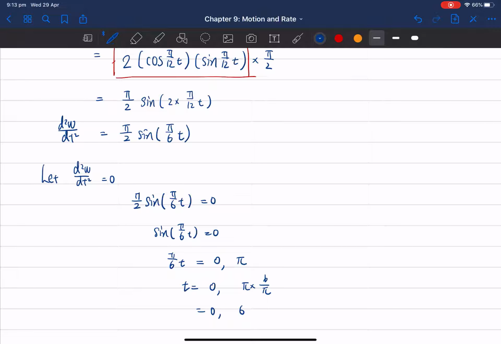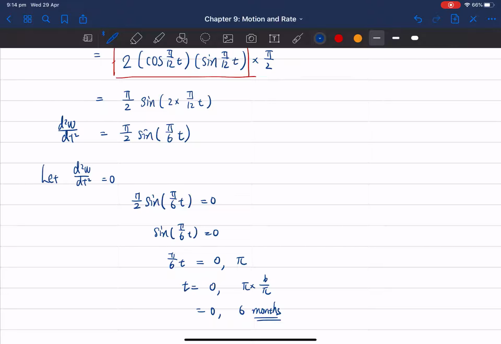So 0 and 6 months. Now of course, right now you can't really decide whether this is the maximum or the minimum rate of flow rate. So what you can do is differentiate one more time to get the third derivative, which is equivalent to the second derivative, and you can prove that when t equal to 6, it is the maximum value.